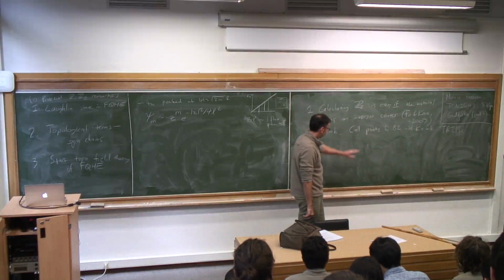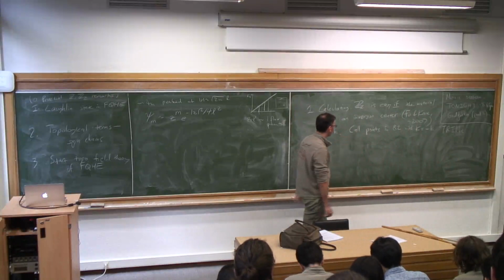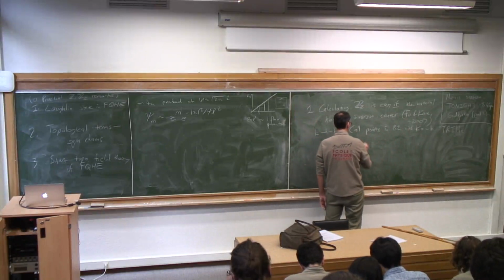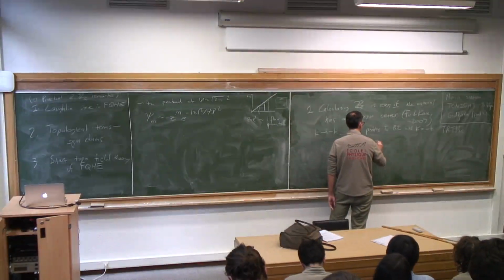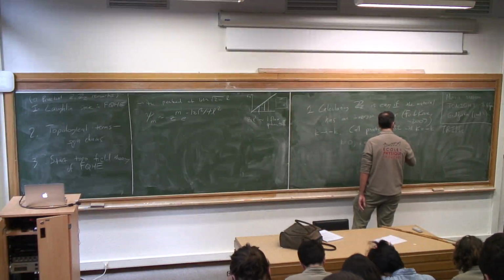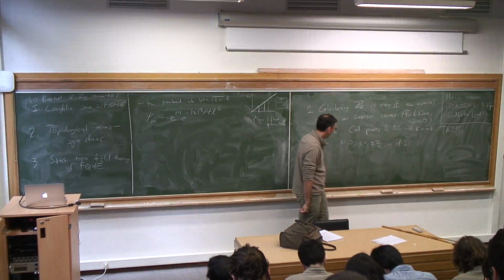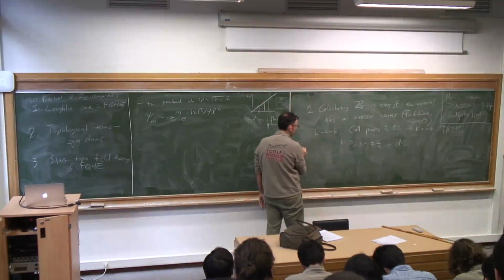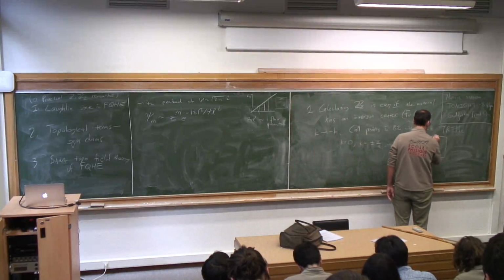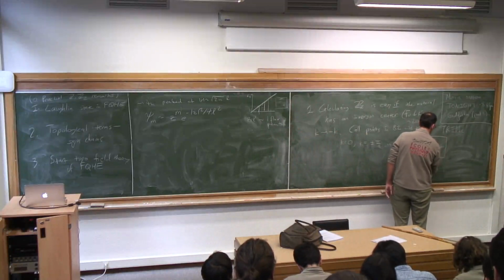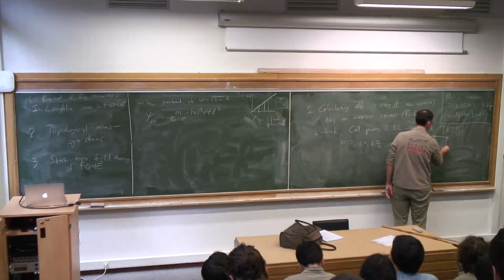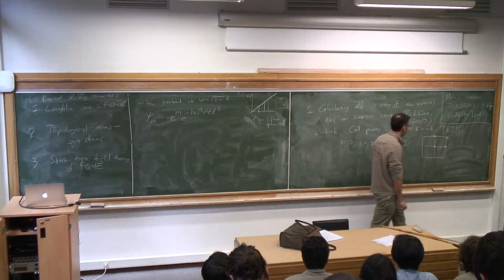So in our original Fu-Kane argument, we thought about 1D, and we said that 0 and k at the edge of the Brillouin zone are the two time reversal invariant momenta in 1D. If I took the square in 2D, then there are 4 inequivalent TRIMs. And in 3D, there would be 8.